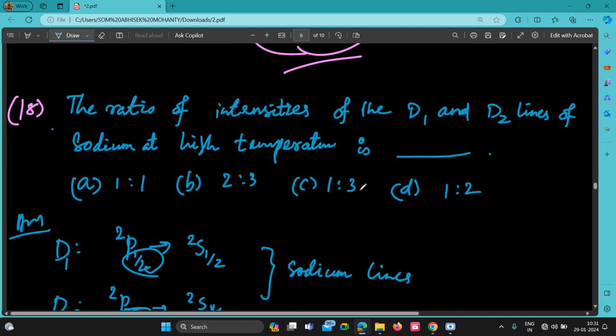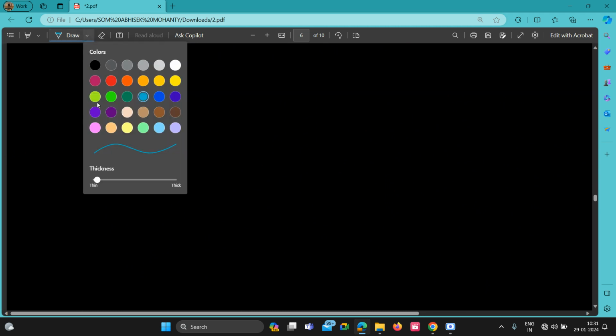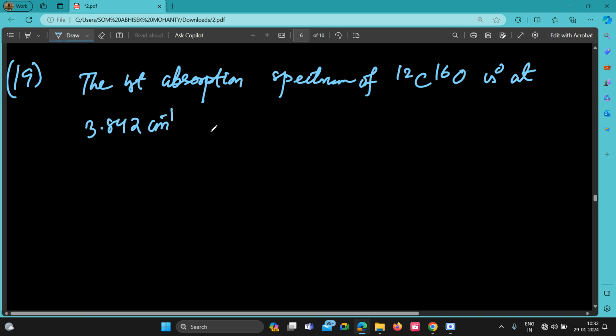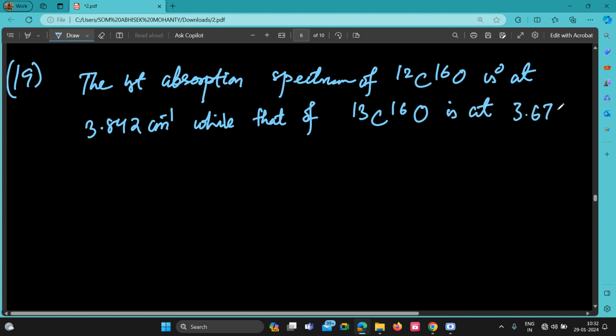Okay, next question. Question number 19. The first absorption spectrum of 12 carbon, 16 oxygen is at 3.842 centimeter inverse, while that of 13 carbon, 16 O is at 3.73637 centimeters.